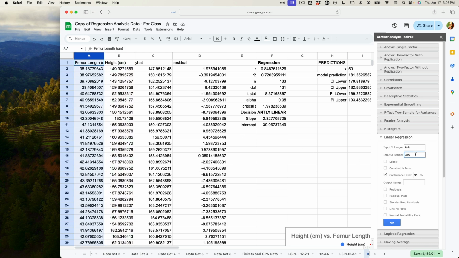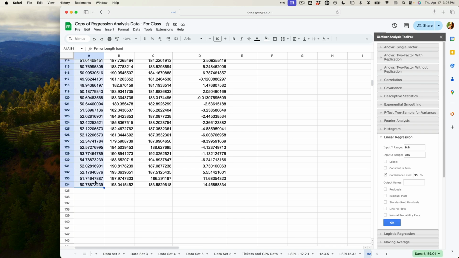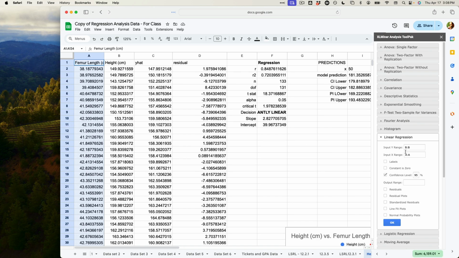I think for Excel miner you have to select the specific values. So A1 to A134 is going to be the input X range, and the input Y range is going to be from B1 to B134. Okay, and just add labels.